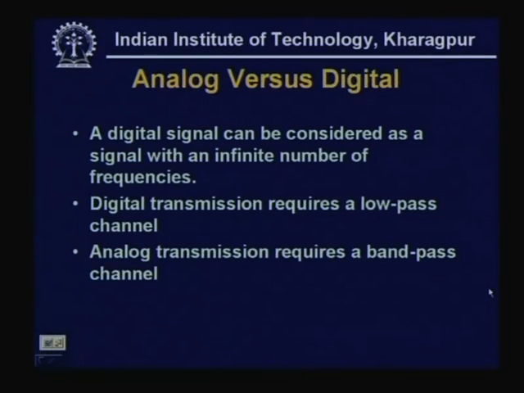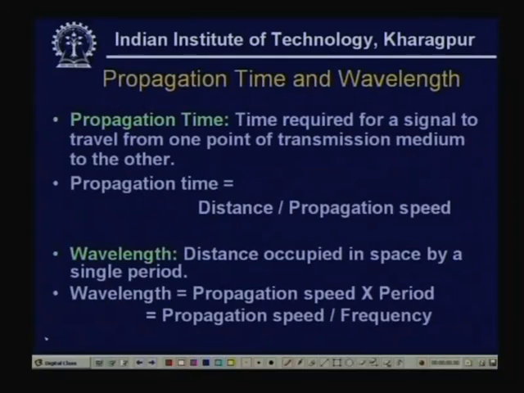Now, whenever we are sending an analog signal, the bandwidth is restricted within a certain range. On the other hand, whenever we are sending a digital signal, the bandwidth is very large. So, this can be represented in two forms.